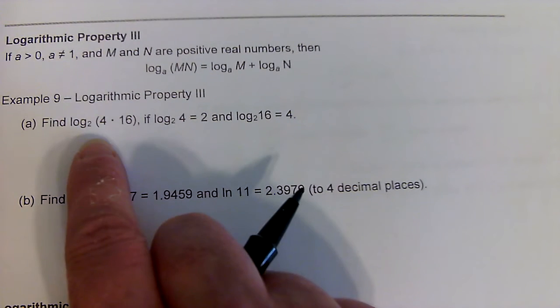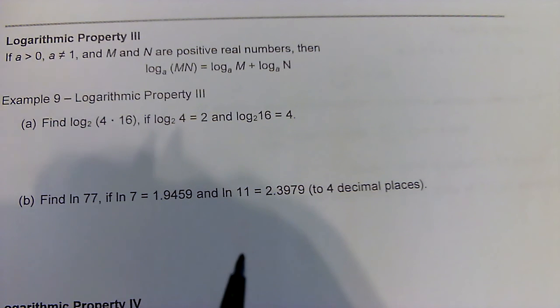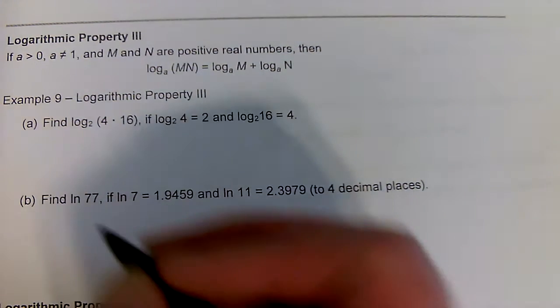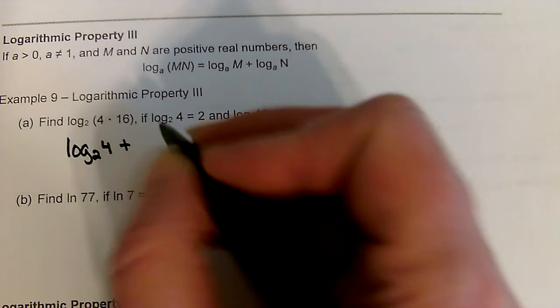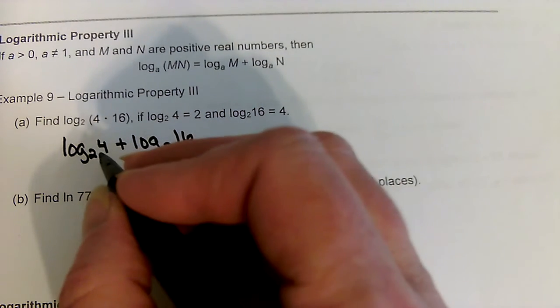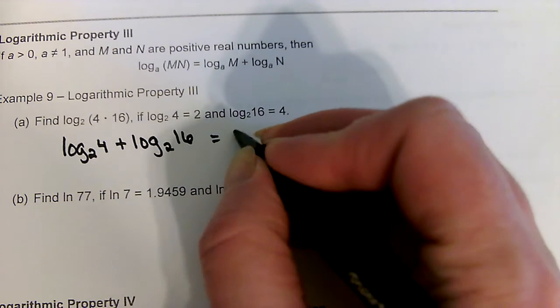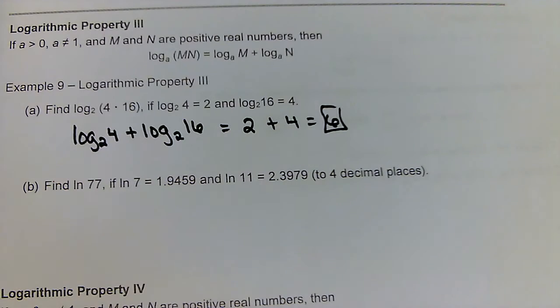So if I have log base 2 of 4 times 16, and 4 times 16 would be really, really big, and I wouldn't know it off the top of my head, but I know that log base 2 of 4 is 2, and log base 2 of 16 is 4, then I can separate this out and say this is really log base 2 of 4 plus log base 2 of 16, which is 2 plus 4, so this is 6. So I can break apart a logarithm so I can know it better.